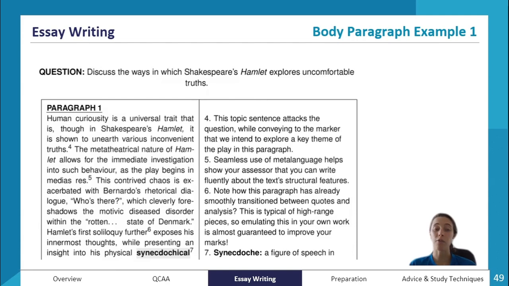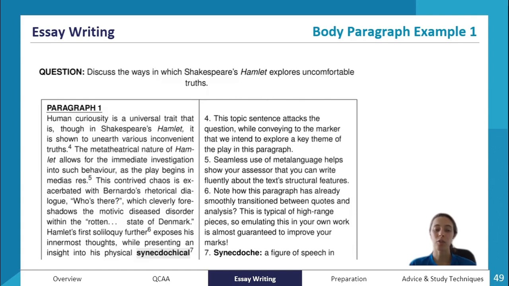We're saying foreshadowing, we're saying rhetorical dialogue, and then what does it actually do? This cleverly foreshadows the diseased disorder. So that's a really clear transition between quotes and analysis.